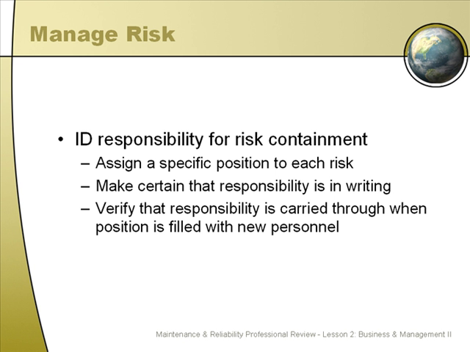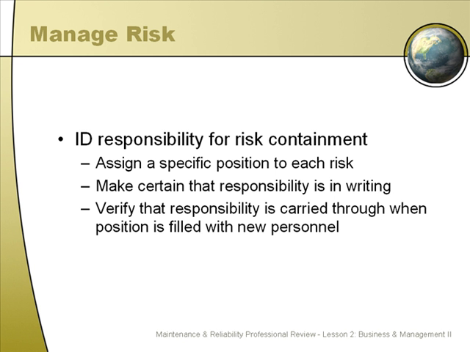In management of risk, it's a good idea to identify responsibility for risk containment. You know what the risks are, and you understand how you can mediate those risks. So who's going to be responsible? First, assign a specific position to each risk.